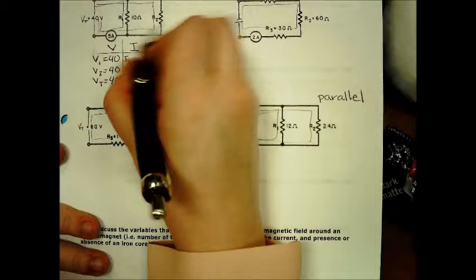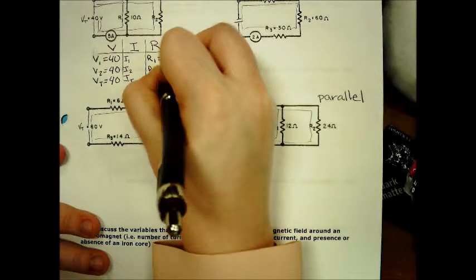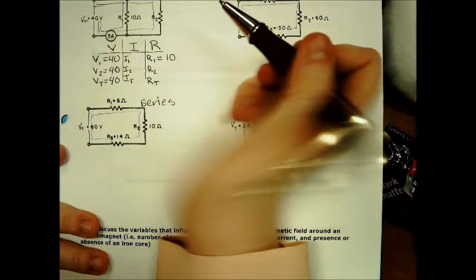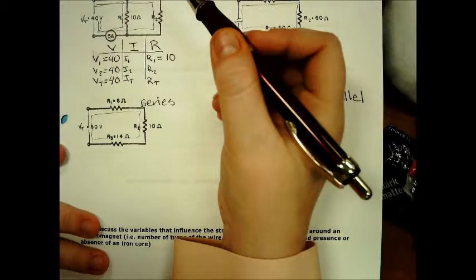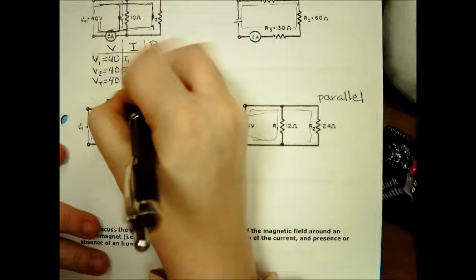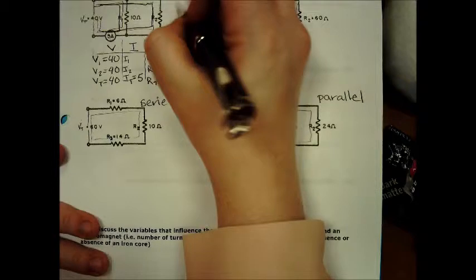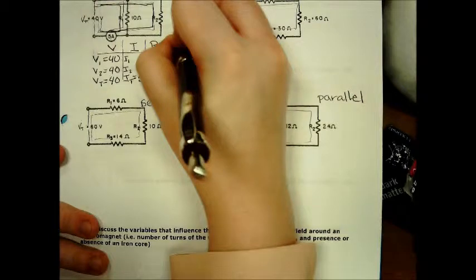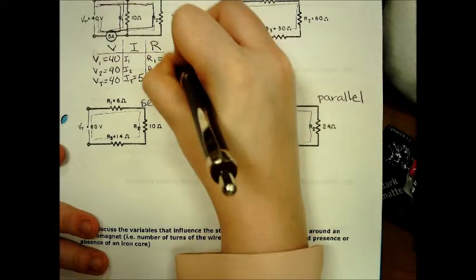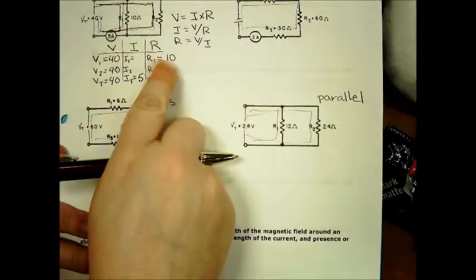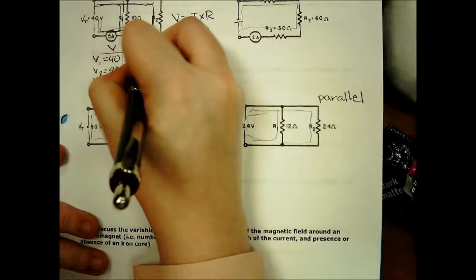So they gave us one of our resistors, R1, which is 10, and they gave us one of our currents, which is actually, because both of the paths have to go through this point, that's I total is 5. So we're going to use the fact that V equals I times R, I equals V over R, and R equals V over I. So I equals V over R, 40 divided by 10 is 4.